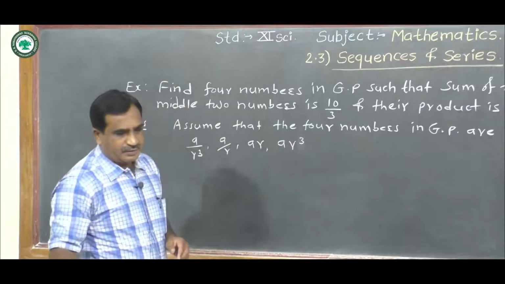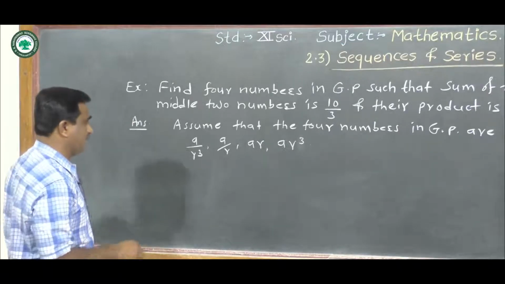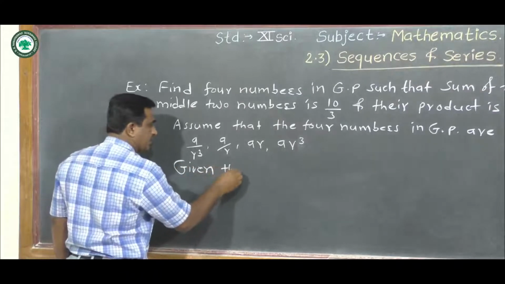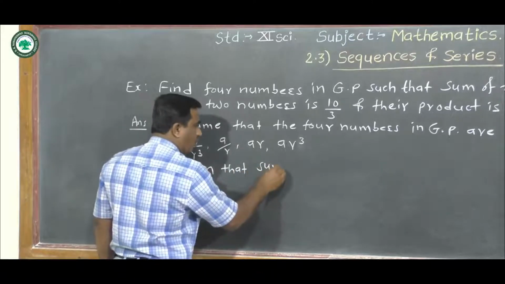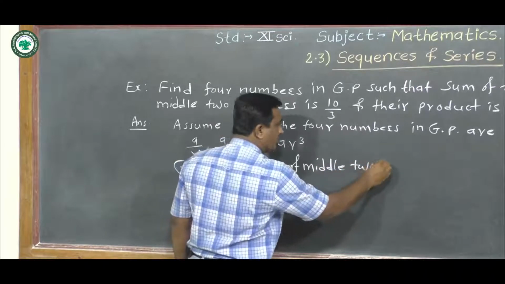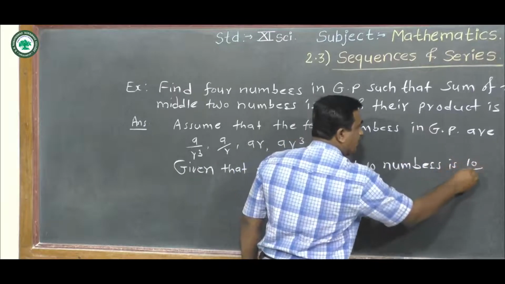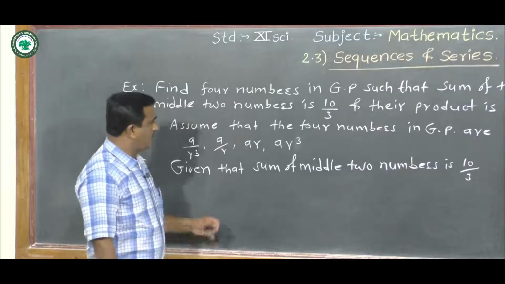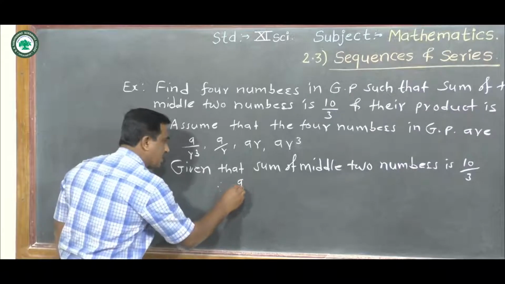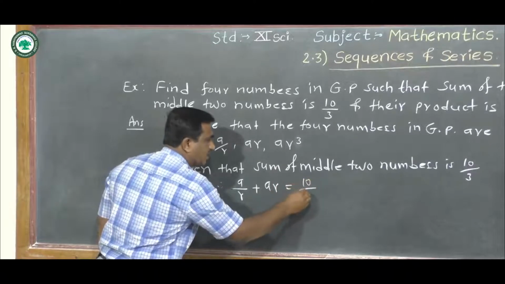Now we use the given conditions. First condition: sum of the middle two numbers is 10 by 3. That is, these are two middle terms, sum of these two terms is equal to 10 by 3. Therefore we can write a upon r plus ar is equal to 10 upon 3.